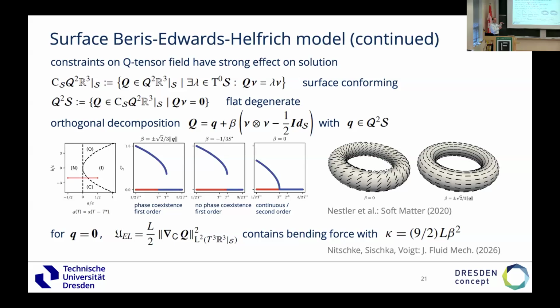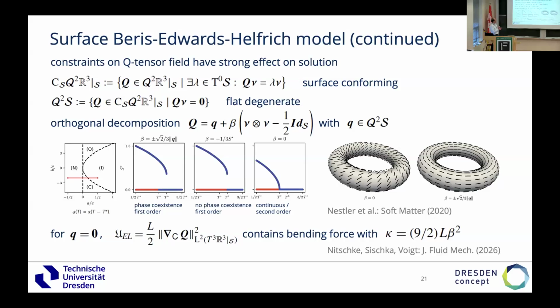Right? Should be aligned with the surface. And then one can even make stronger assumptions and say that the eigenvalue to this eigenvector should be 0. So that we would call flat degenerate.